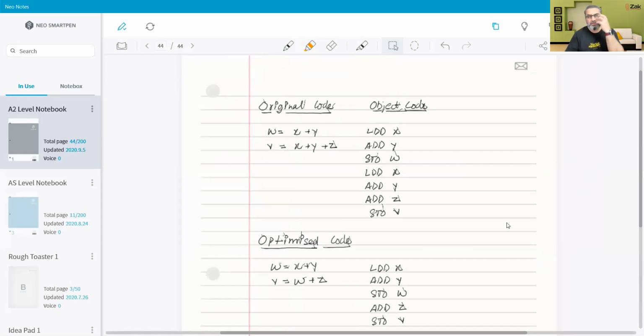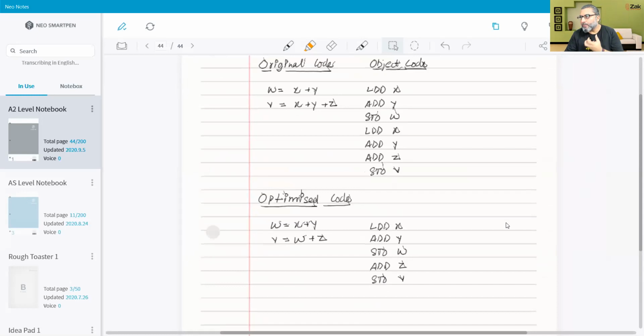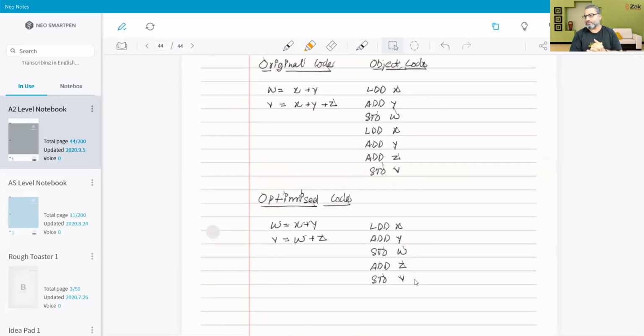We have optimized the code. The earlier version has 1, 2, 3, 4, 5, 6, 7 instructions, and this one has 1, 2, 3, 4, 5 instructions. So we have eliminated 2 instructions.